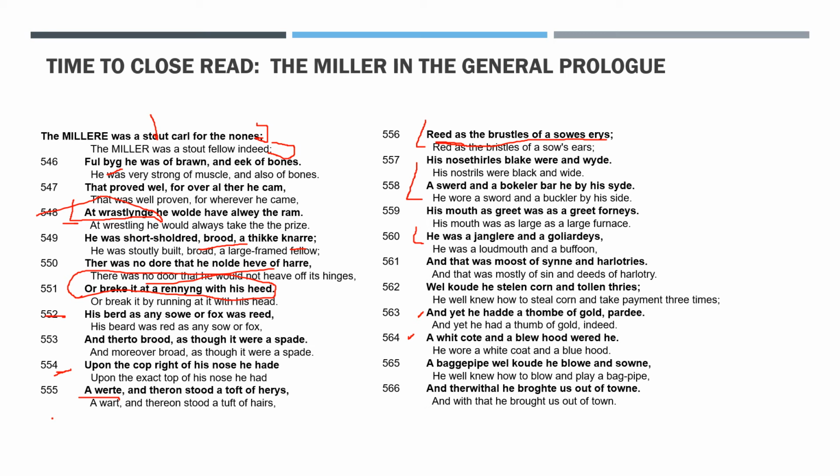But he's also maybe not the most trustworthy of people, right? So it says he's got a lot of sins and deeds of harlotry. He's a drunkard, right? He's a person that hangs out in bars, that sort of thing. And also, maybe a bit of a cheat. He knows how to steal corn and take payment three times, right?